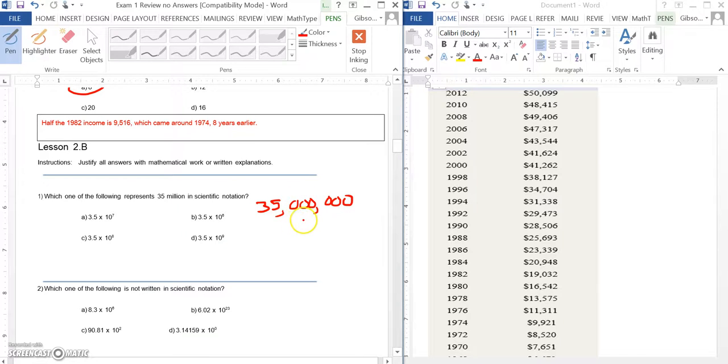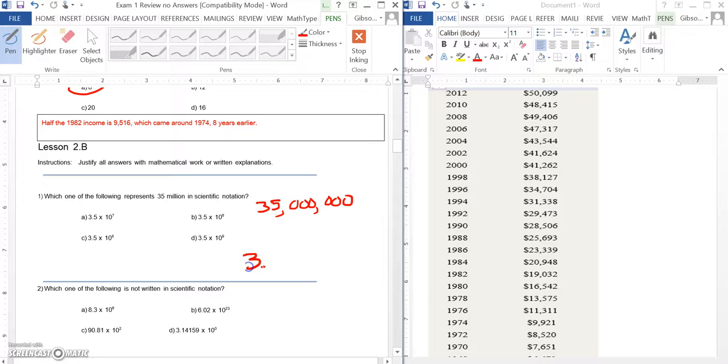So that's 35 million. Now we know that scientific notation must have one digit in front of the decimal that's higher than 0 and only goes up to 9. So it's from basically 1 to 9 that has to be in front of the decimal. So that number here, we know we will put our decimal here because that number here would be 3.